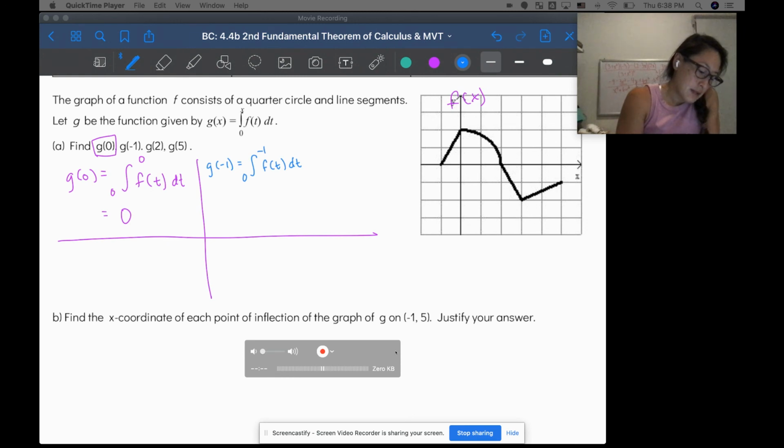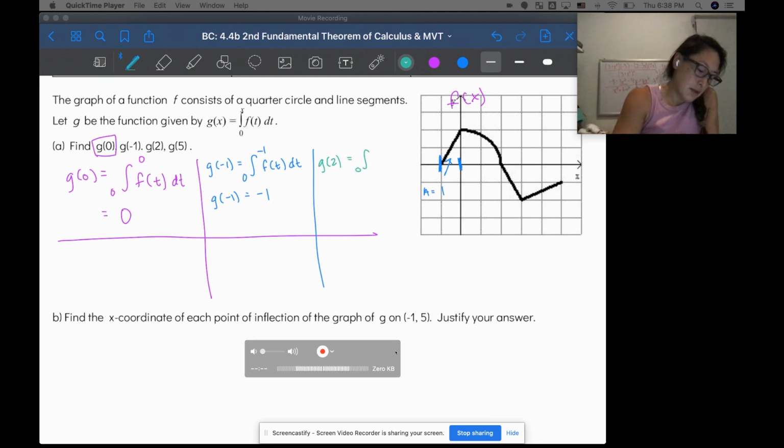Okay, so I am going to say that g of -1 is equal to, from 0 to -1, the area: 1/2 base times height gives me an area of 1, but I'm moving from right to left, so the area is going to be -1. Done.